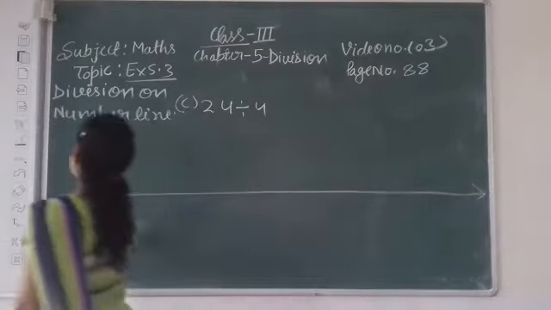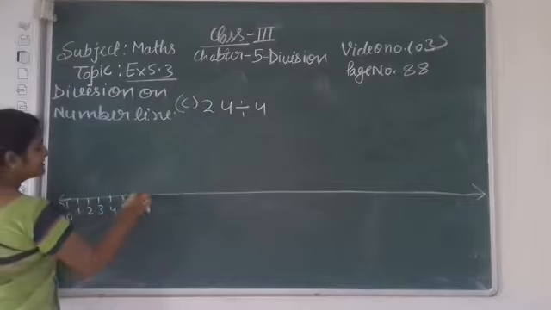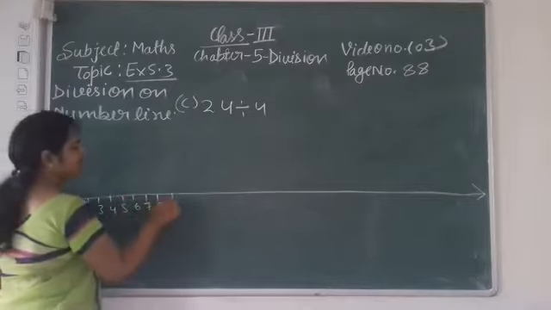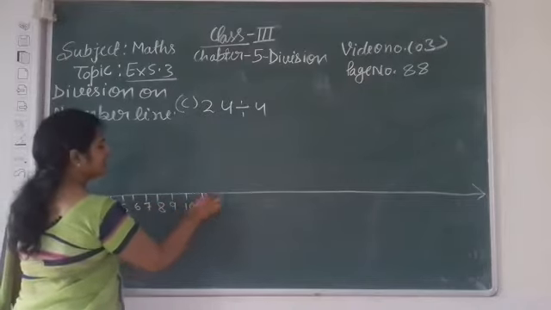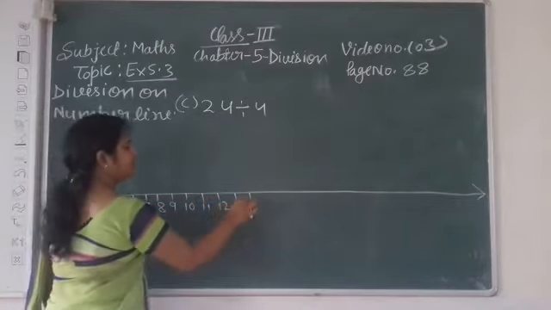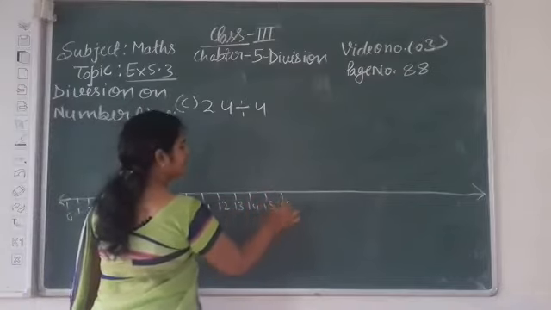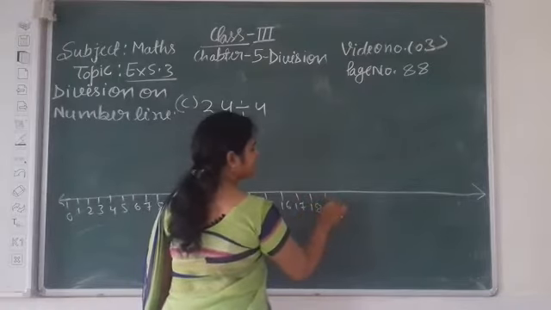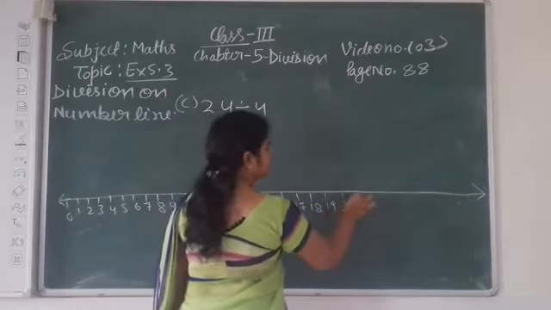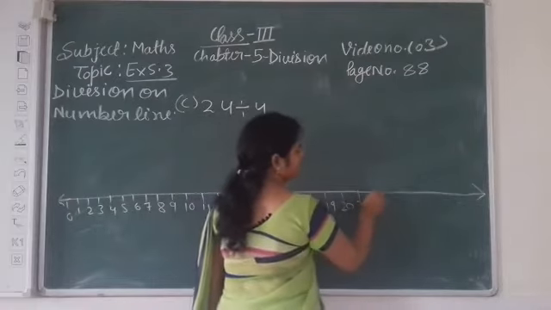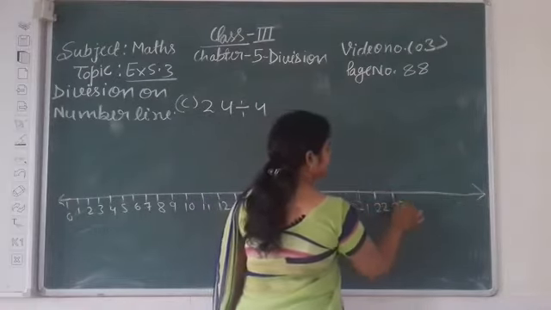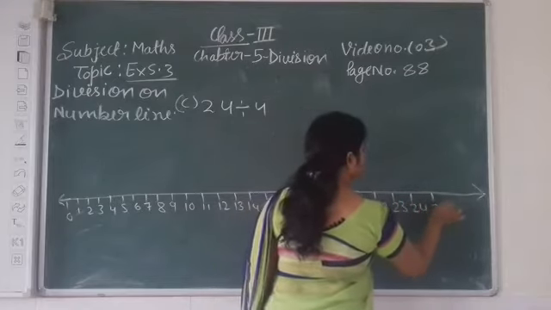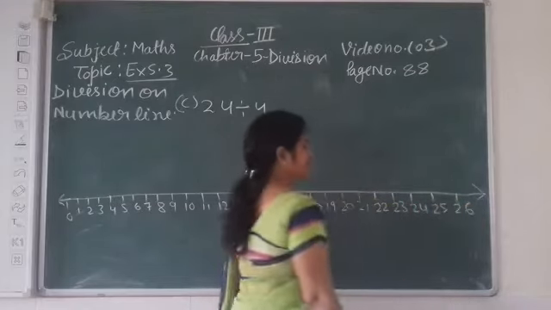This is a number line. Start from 0. 1, 2, 3, 4, 5, 6, 7, 8, 9, 10, 11, 12, 13, 14, 15, 16, 17, 18, 19, 20, 21, 22, 23, 24, 25, 26.